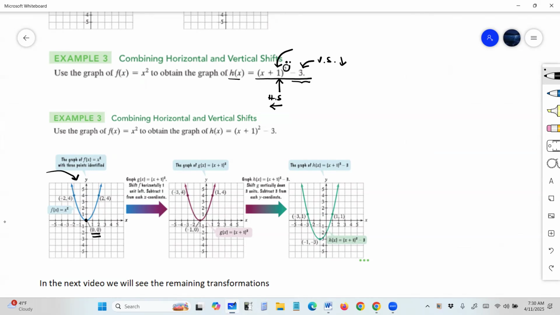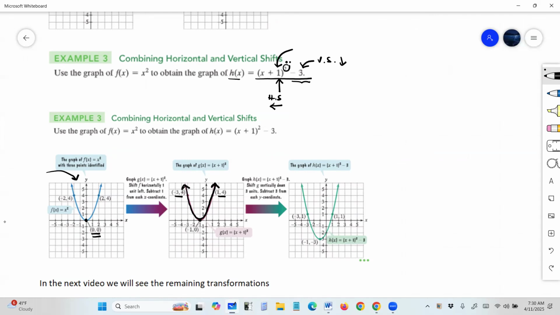Your textbook decided to do the horizontal shift first, which is perfectly fine, but if you wanted to, you could go down 3 units first. So your textbook goes to the left 1 unit and regraphs the function. Later, in the last video, I will show you which additional points you don't need to get, to simplify your work.